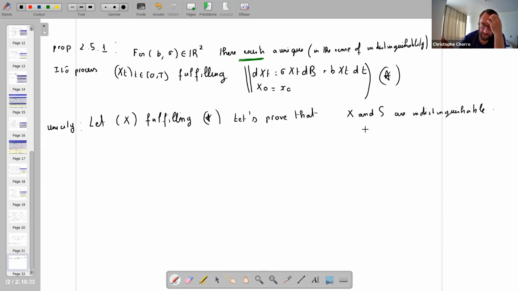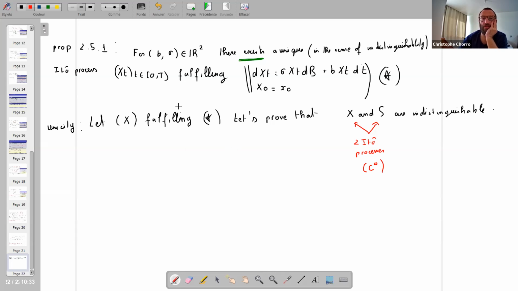I want to prove that they are indistinguishable. Keep in mind that here I have two Ito processes, and in particular they are continuous.